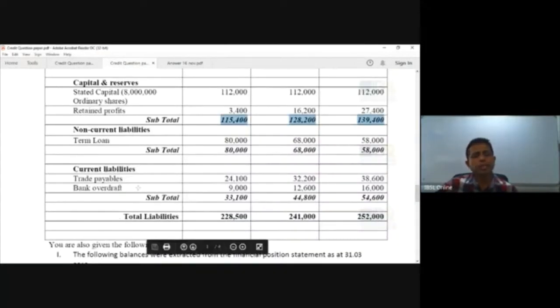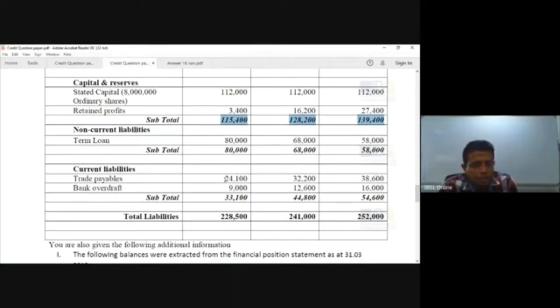Here, you have to only take the debt nature of the liabilities. Normally we do not treat creditors as debt. Creditors are short-term borrowings, but we do not consider that as taking a debt.